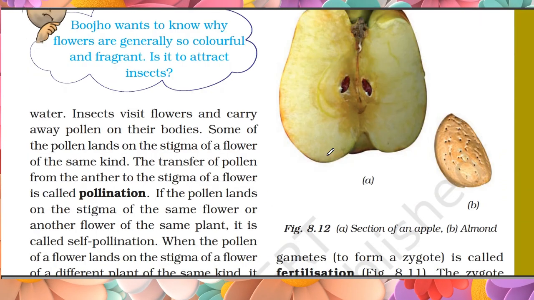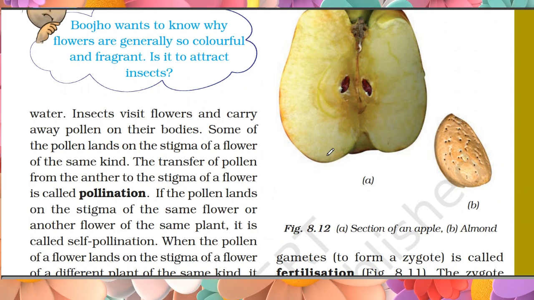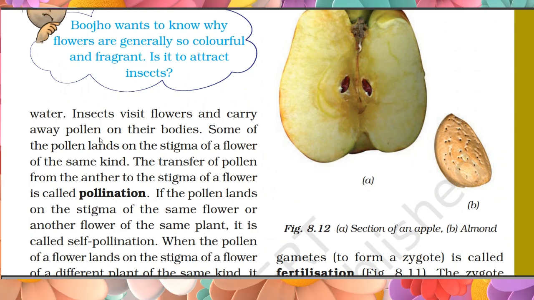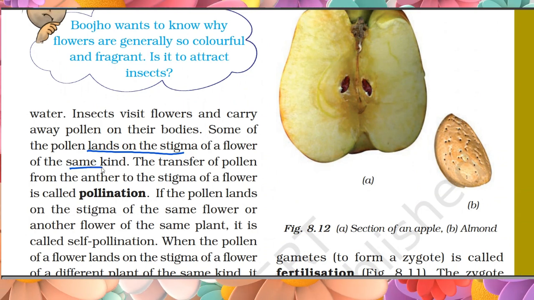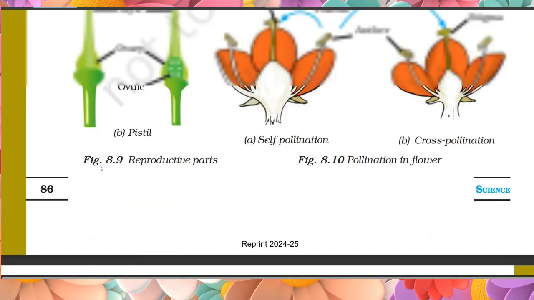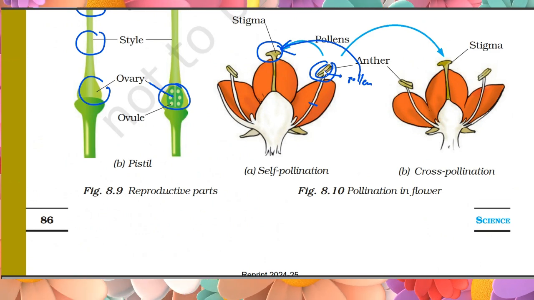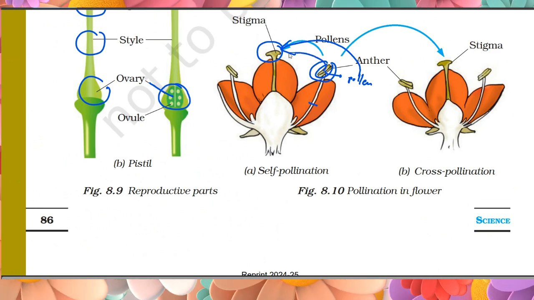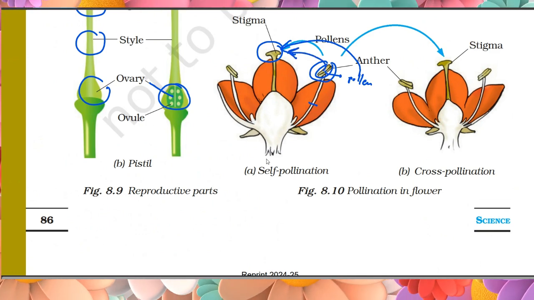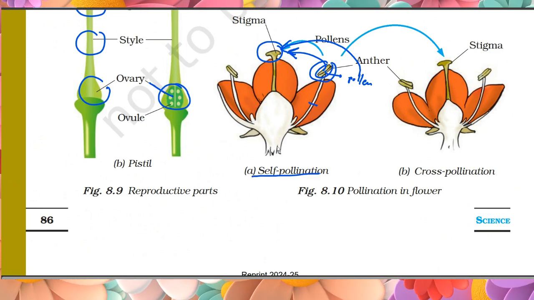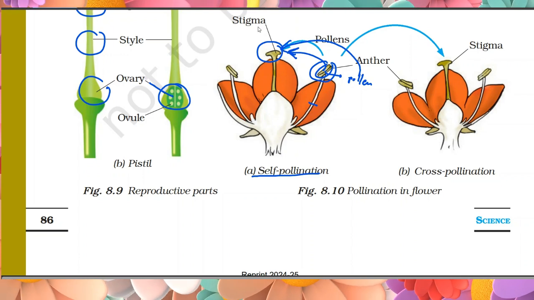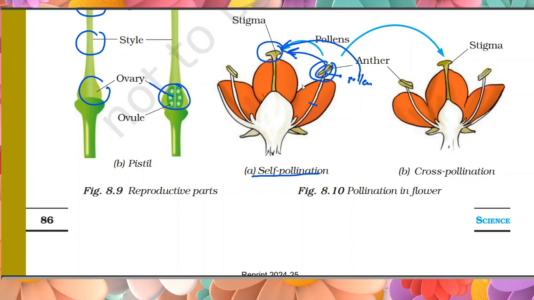Insects visit flowers and carry away pollen grains on their bodies. Some of them land on the stigma of a flower of the same kind. You can see the picture here. When these pollen grains land on this stigma, this type of pollination is called self pollination, but that flower should be bisexual, having female and male reproductive organs in the same flower.